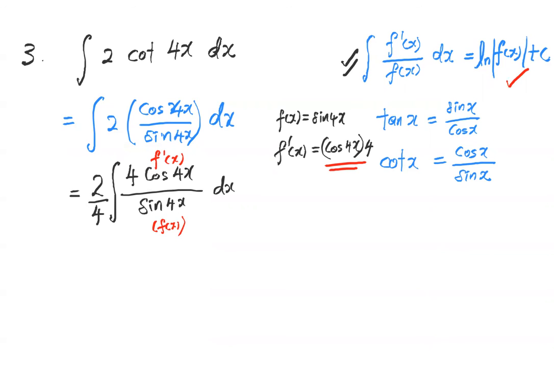So now I can write down the result. This is equal to half. This result is ln sin 4x plus c. Do you get me? If it's a tangent, you also do the same thing. Are you clear? So this is a very important fact.